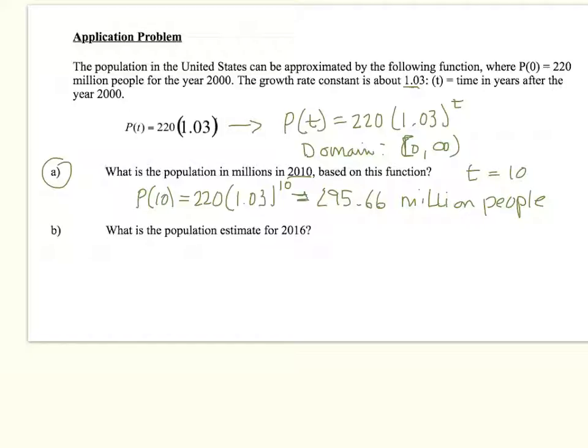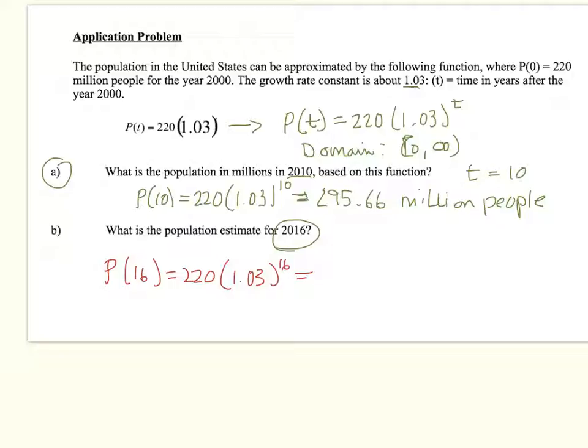So now we will estimate the population for 2016. Again, we evaluate the same function at 16, which is 220 times 1.03 raised to the 16th.